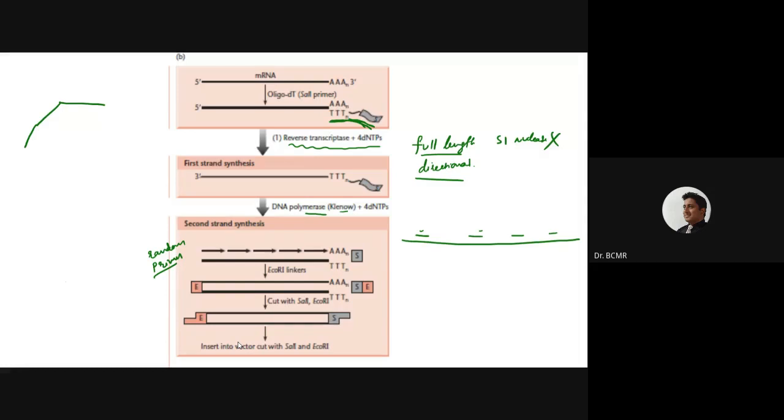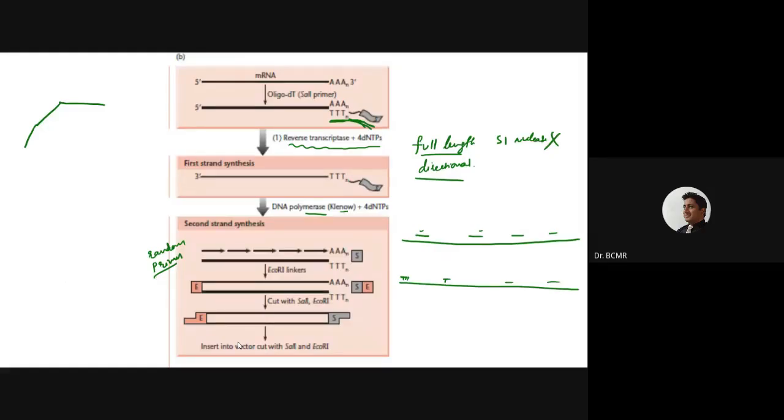So the objective is that you want each RNA to be bound like this by one or more primers. All you need for a polymerase is a primer template junction, and these primers are going to provide those primer template junctions.